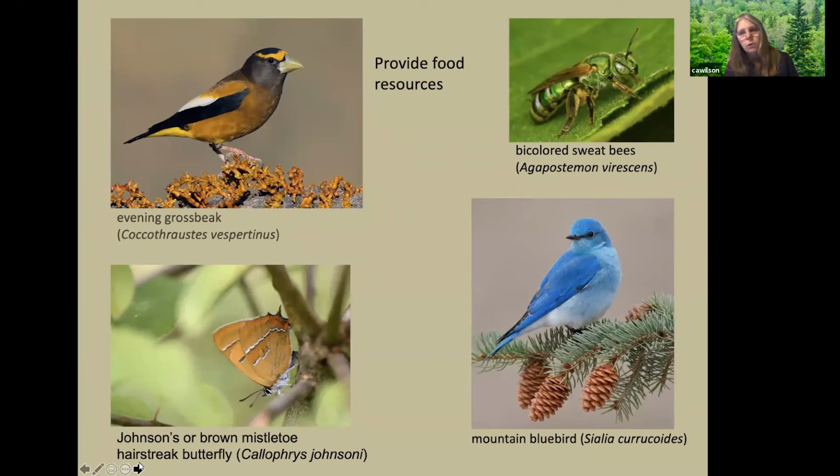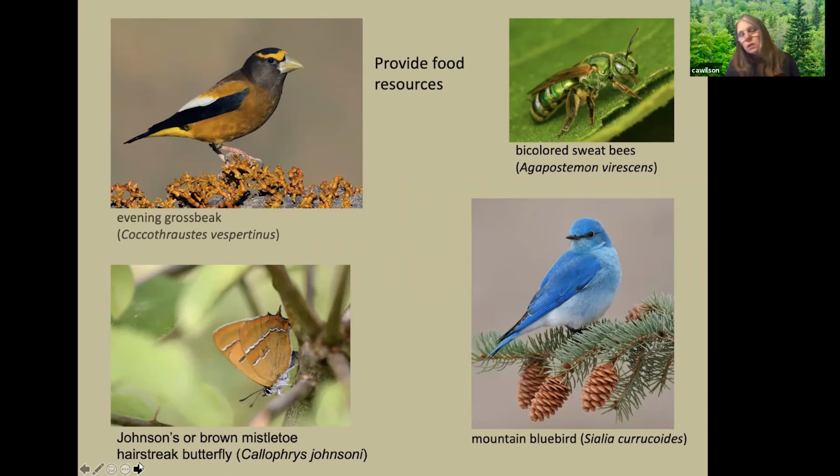So we have a lot of birds and other animals that will eat mistletoe berries and in fact prefer mistletoe berries. The evening grosbeak is one. It's also declining. The mountain bluebird is one. Both of these use Arceuthobium douglasii, the one on Doug fir, as major food sources.